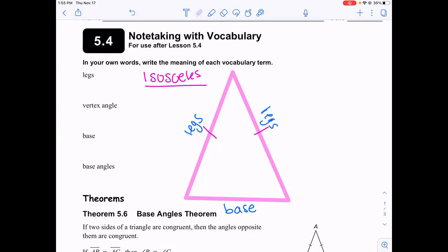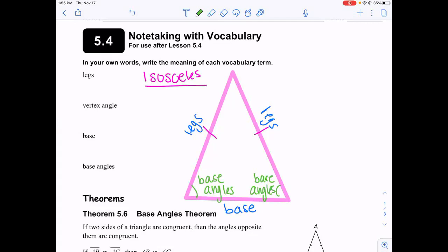Okay, this right here. These are called our base angles. Okay, and this is what Jake and Sophia were teaming up to say. In an isosceles triangle, the two sides are the same length.